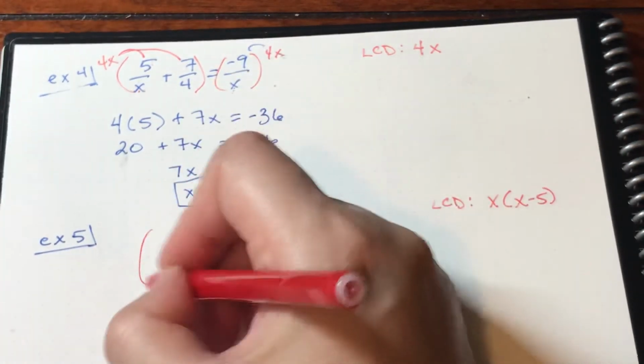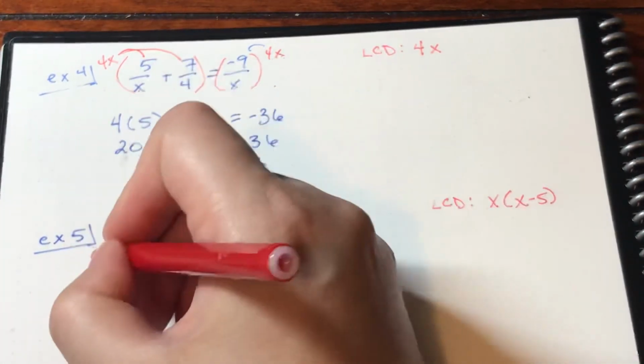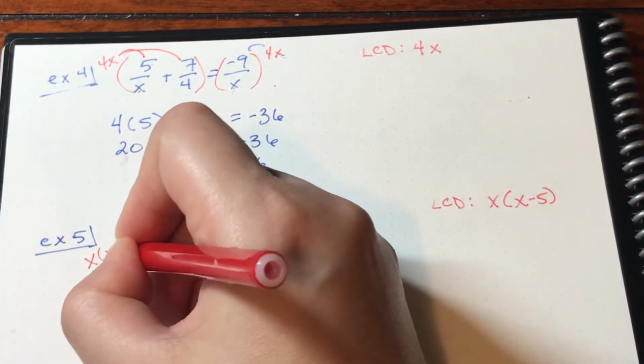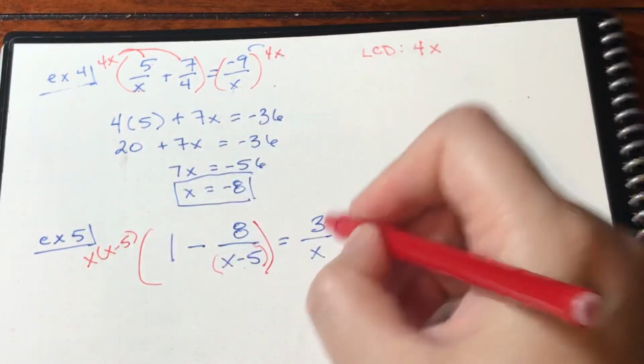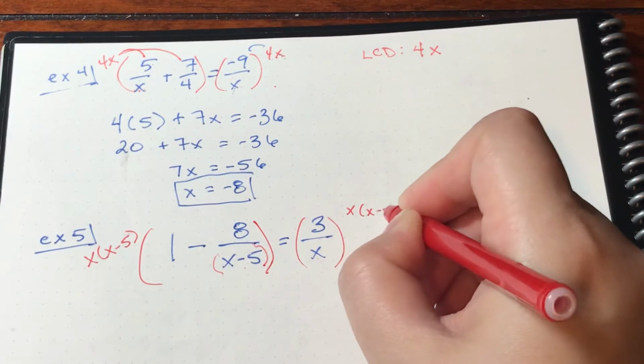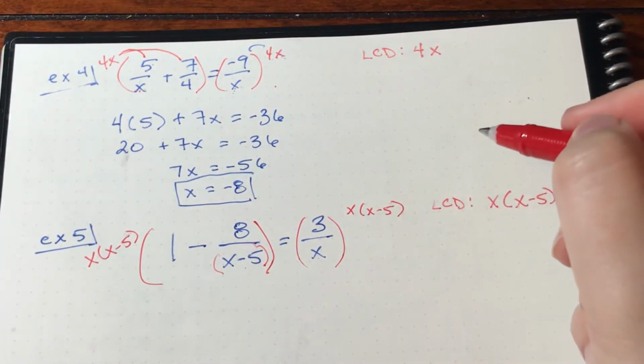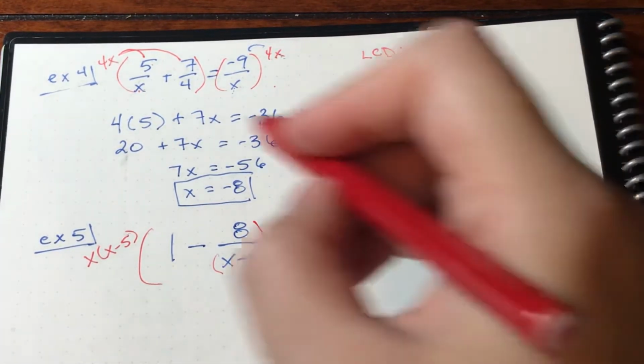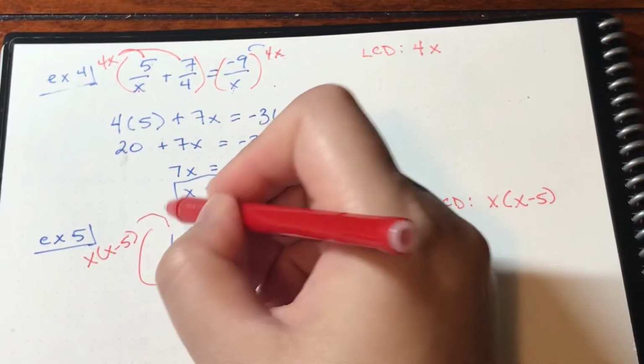So I'm going to multiply this whole side of the equation times x minus 5, and this whole side times x minus 5. And then distribute.